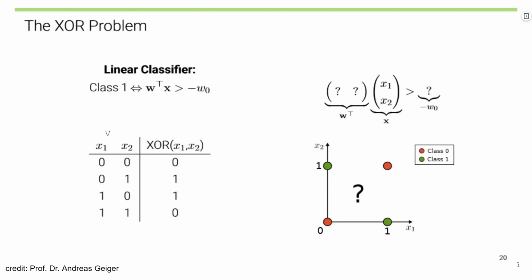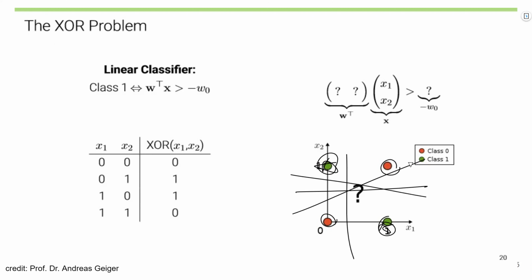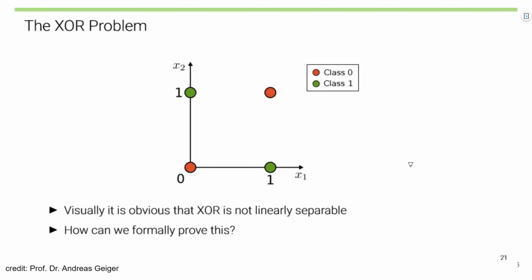Why is it so? As you can see here, there are 2 points, and you cannot separate them using these lines. You can draw all kinds of lines, and I'm sure that you will fail. Visually, it is quite obvious that XOR is not linearly separable.